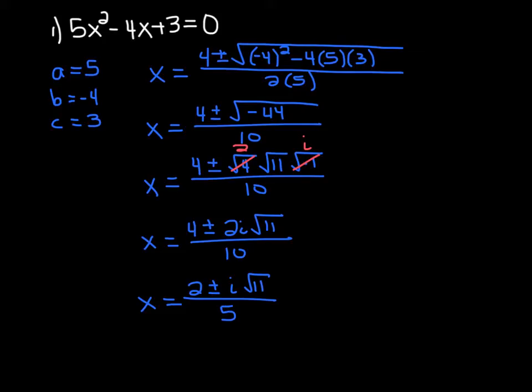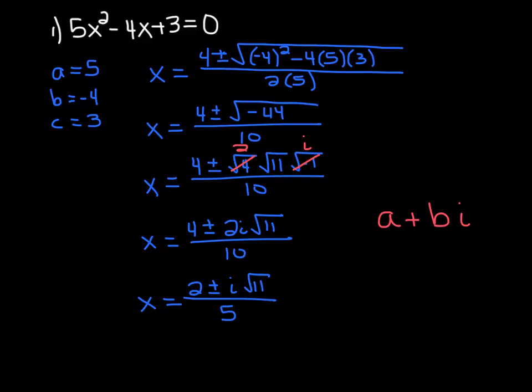All right, so now they want us to take our answer and write it in what we call a plus bi form. What that means is we want to have some number plus, or it could be minus, some other number times i. In order to do that, we're going to individually have to divide the terms in our numerator by this 5 in the denominator.